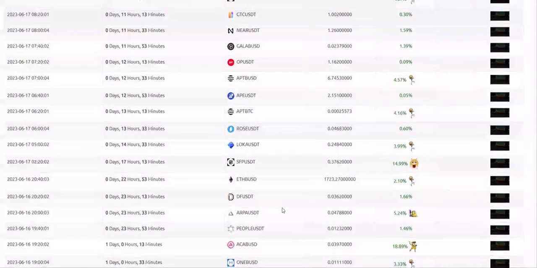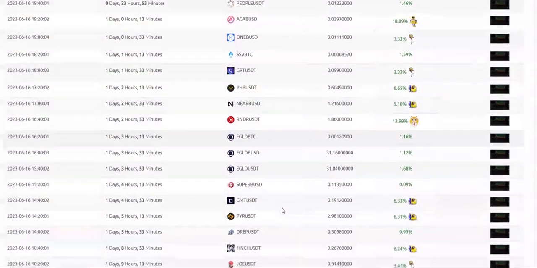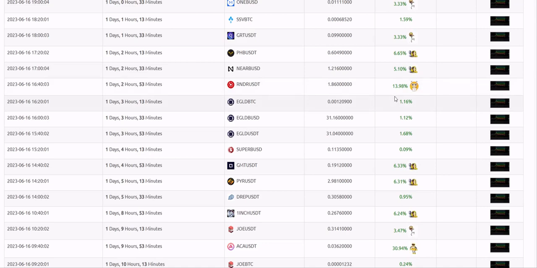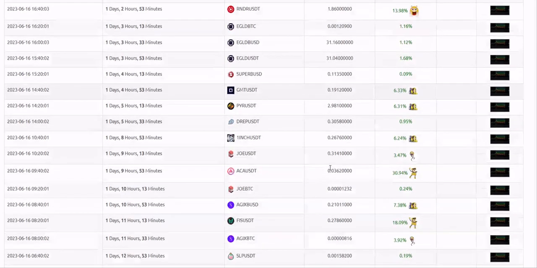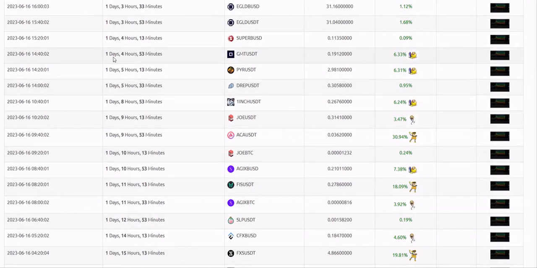Render USDT has done 14% in 1 day and 3 hours basically. So now that we get past the 1 day mark, we see these percentages. This is how much percentage in profit you would have made if you had gotten into these through the auto trading system. 31% on ACA.